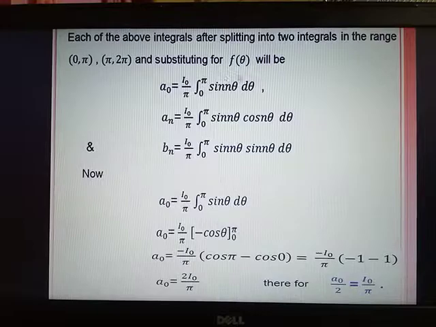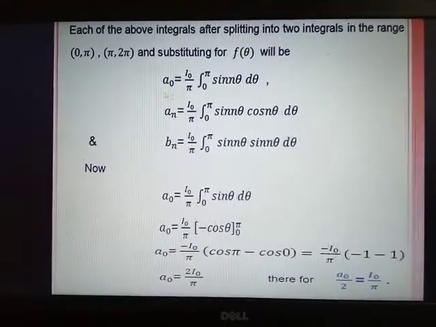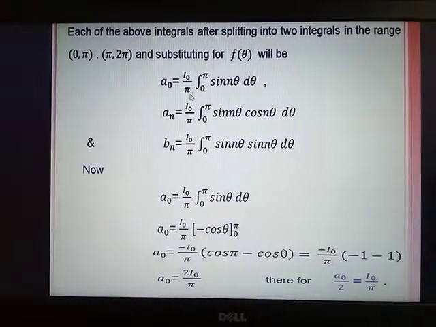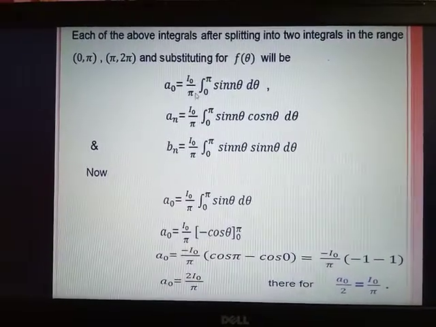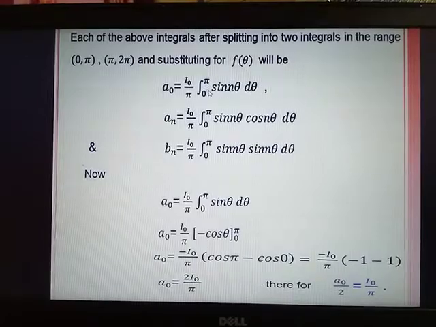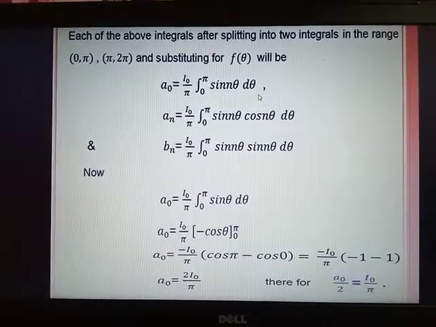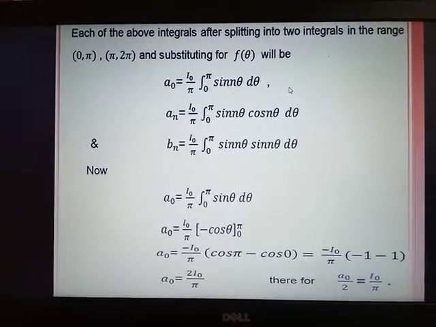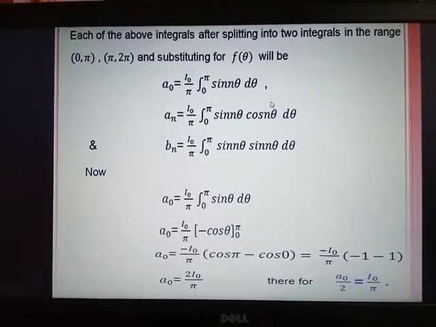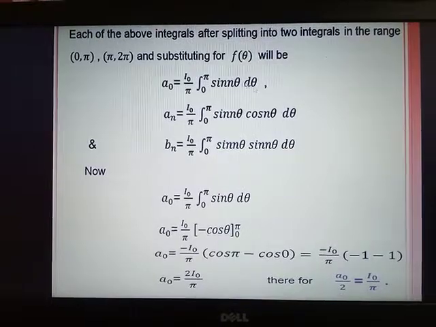Substituting for f of theta, a naught is equal to I naught by pi, where I naught is constant, therefore taken outside the integration, I naught by pi integration from 0 to pi sin theta d theta. The next term will be 0, because the I value is 0 for the second function when the limits are from pi to 2 pi.